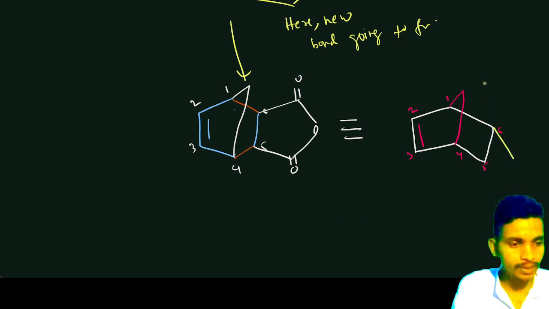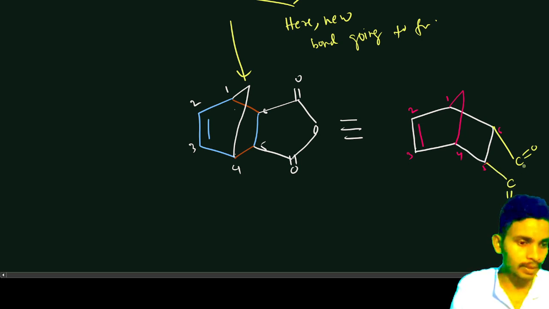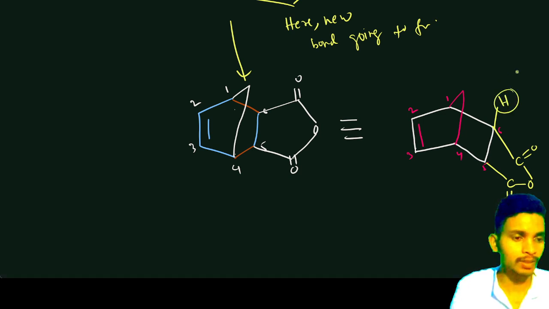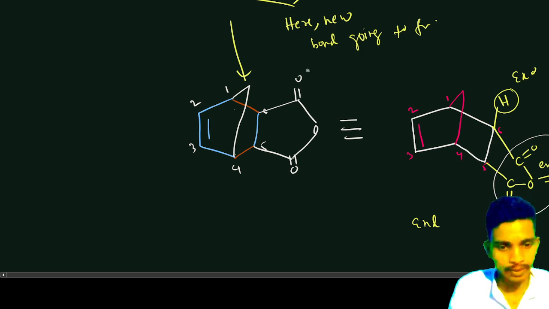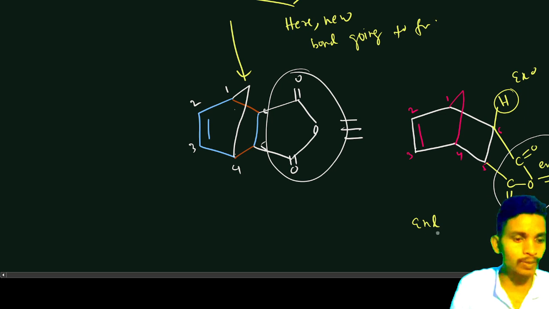This is the exo and this is the endo, so we will make that here, and this also comes like this, and here we have the oxygen, and here the hydrogen. This is the exo side and this is the endo side. Our group, the bulky group, has come to the endo side, which is why this is called the endo product.